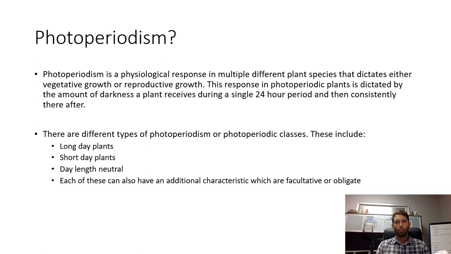However, I do want to make one more thought apparent here. There are additional characteristics that can be attached to these photoperiodic classes, right? So it can go even a level deeper in the complexity of these different flowering responses. And so, for example, you could even have obligate short day plants or facultative long day plants. I'll give one example of this. A good example of a facultative long day plant is greenhouse vine crop tomatoes.